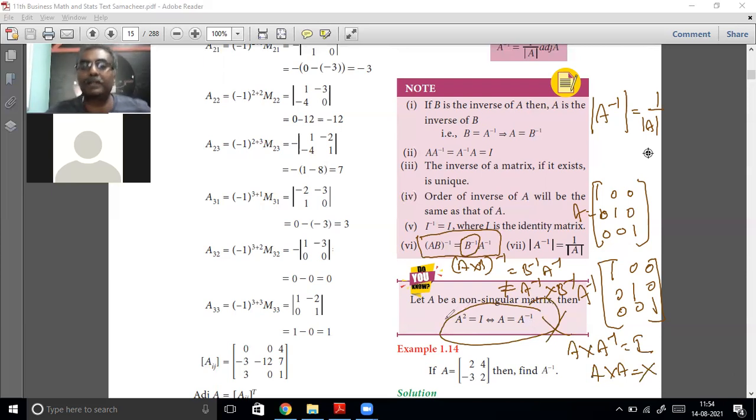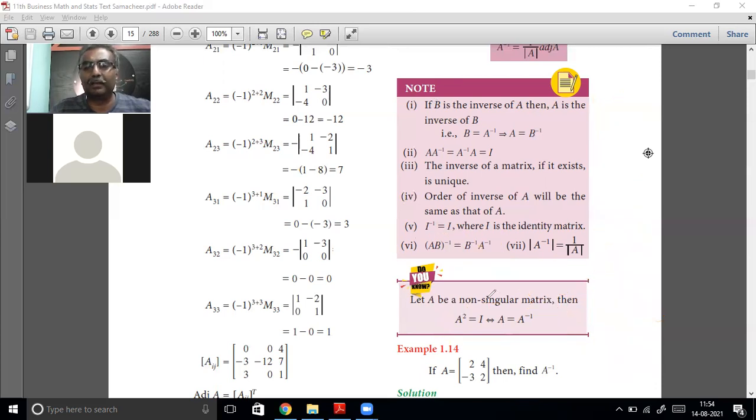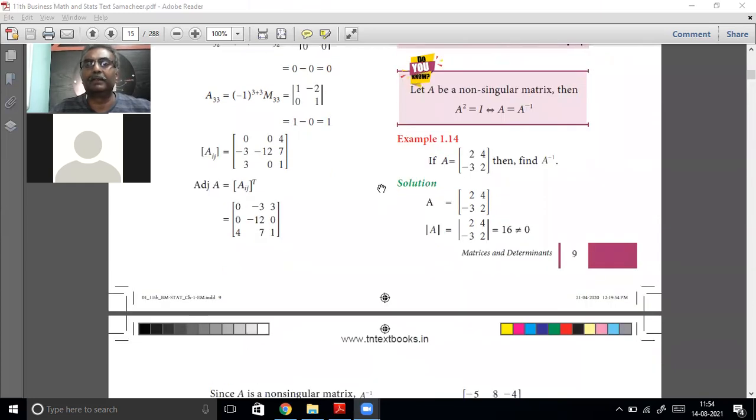Oh, what he is trying to say is, if A squared is equal to identity matrix, then A is equal to A inverse. Okay, forget about it. These things are very wrongly and vaguely given. Finally we have 5 minutes.